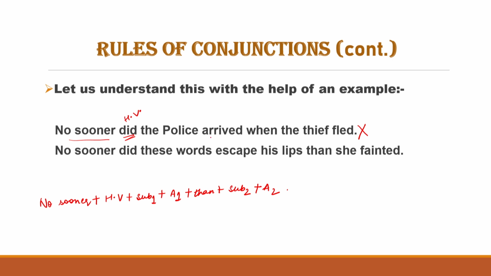No sooner did the police arrive when. Now, as we all know, no sooner is always used with than. So hence when is wrong. Also, here arrived will be wrong. Since you have already used did, hence you cannot use the third form of verb over here.